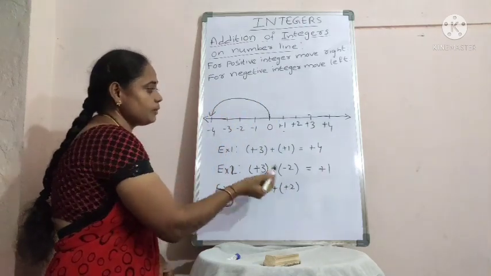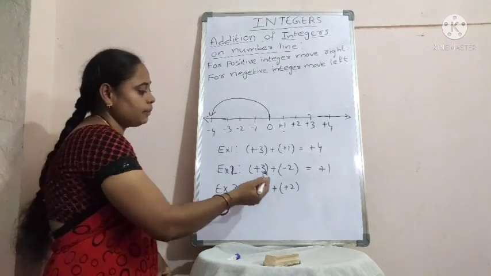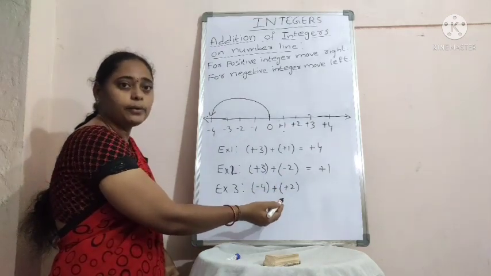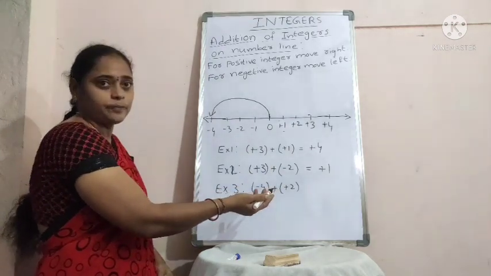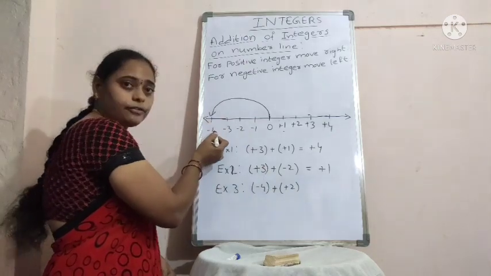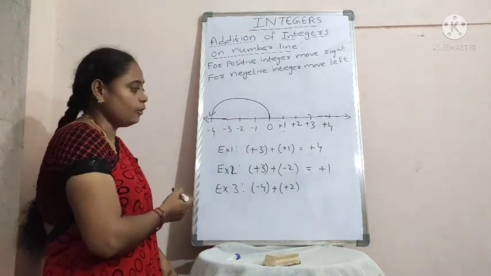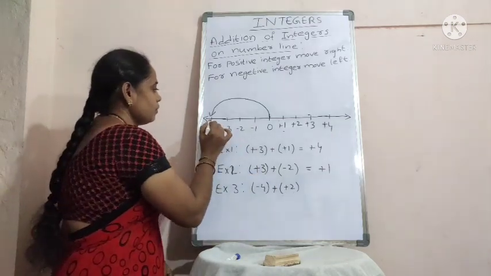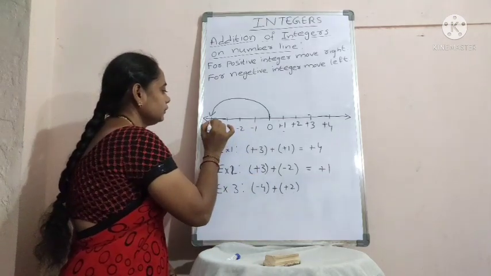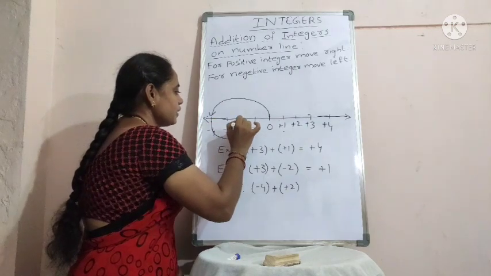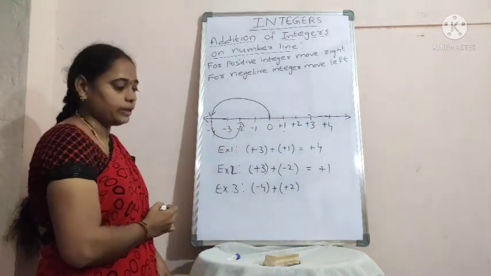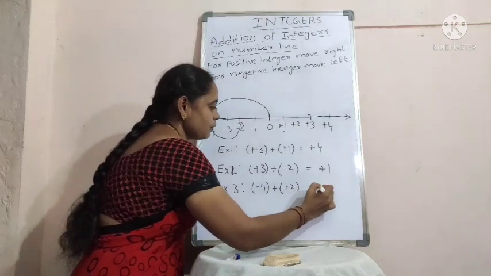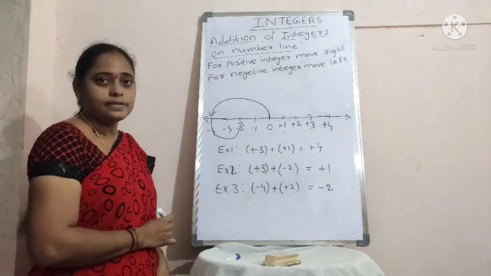Here positive integer. For positive integer we move right side. Right side of -4. How many steps we move? 2 steps. So 1, 2. We reach -2. So what is the result? -2.